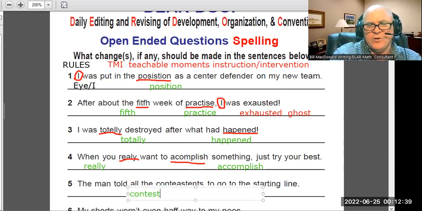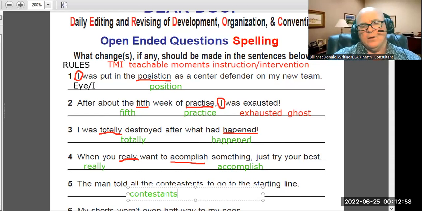and then figure out, do I want ENTS? Contestants. What do I want? ANTS. Contestants. And so if I'm not sure, then I will go to my dictionary to see which one it is.